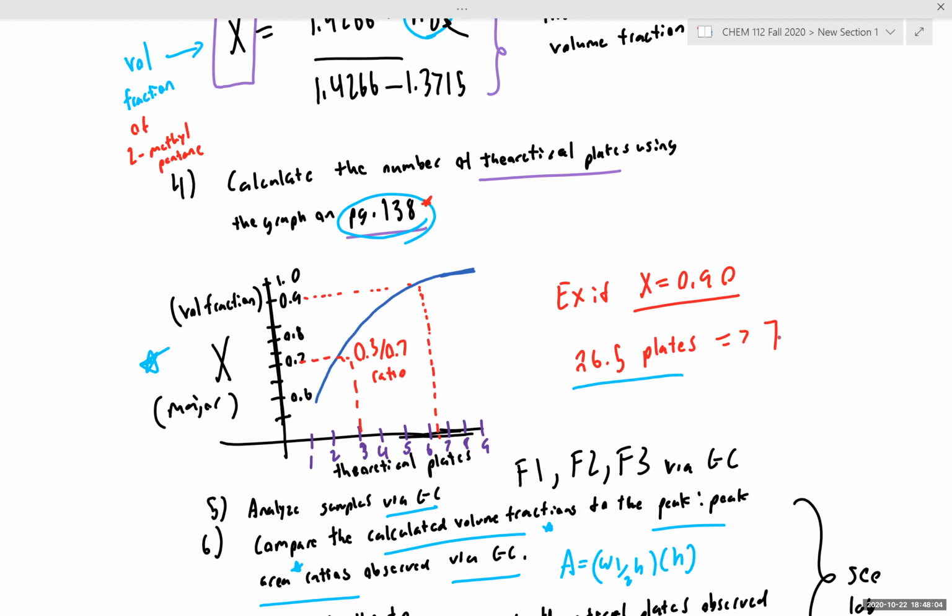Now, why am I mentioning the number 7 a lot, or around 6 to 7? Why would that number come up for a number of theoretical plates? When we thought about our earlier discussion of spinning band columns and the approximate number of theoretical plates for a spinning band column, would anyone like to answer? What is the approximate number of theoretical plates for a typical spinning band distillation column?